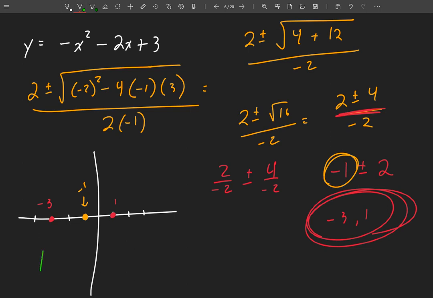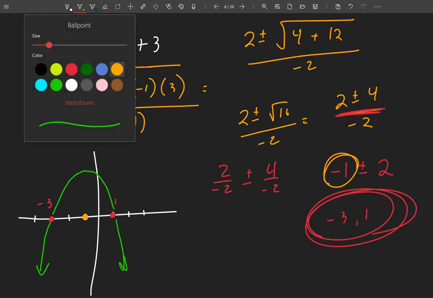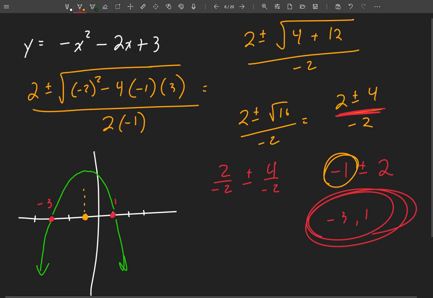So I'm going to try and draw this a little more accurately. If you were to draw the parabola, it's symmetrical, like this, right? Where does that -1 line up? Well, if you think about it, since it's in the middle, that -1 is going to be part of the vertex, isn't it? That's going to be the first coordinate of your vertex.